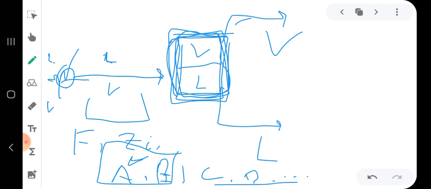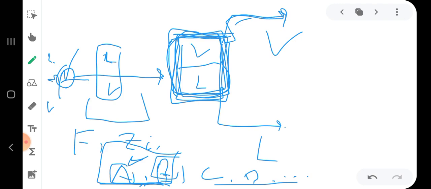Okay, so let's assume I have a binary mixture at the feed that contains A and B, and I produce a liquid and vapor, and then I provide a room for them to meet each other, and then I take the upward stream to be the vapor, which contains for sure A and B, and the downstream L, which contains A and B. But for sure, let's suppose that A is the more volatile component and B is the heavier component.